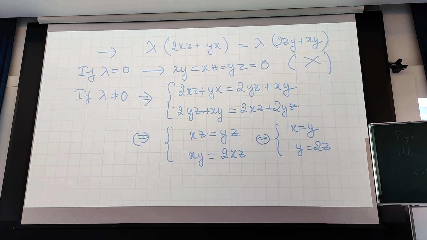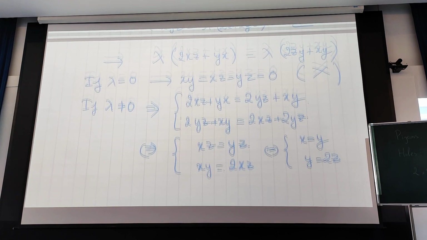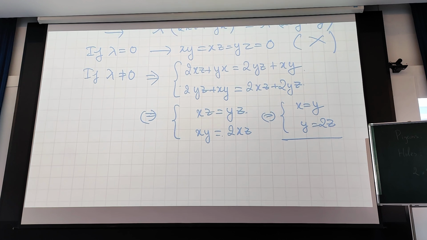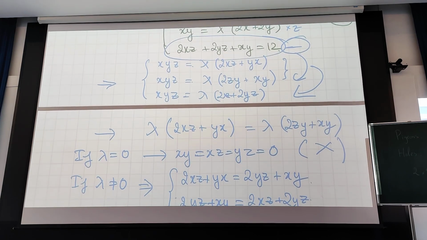So that is equivalent to x equal to y and y equal to 2z. They should not be equal to 0 because otherwise the last equation here will not be satisfied. So that is the reason we have the relation. Okay, so it is quite long, but when you have this relation, you can easily find that z squared equals 1 when you substitute the relation into this equation.